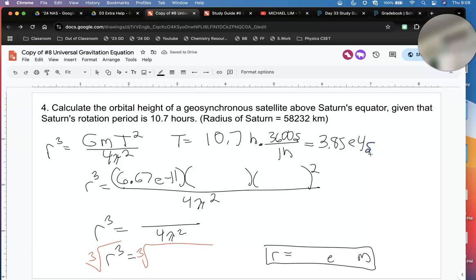Now we can plug it into our parentheses. What is the mass of Saturn? It's not in there. You have to Google it. So go to your computer and Google the mass of Saturn. No, I'll give you the mass.